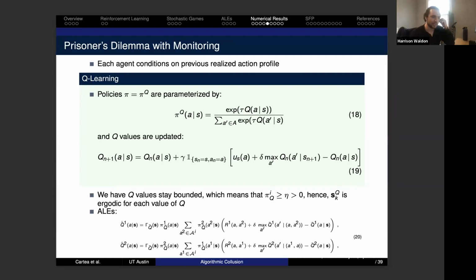But this is because the Q values stay in a bounded regime because the rewards are finite. So with Q values bounded, the softmax will be bounded away from 0 as well.